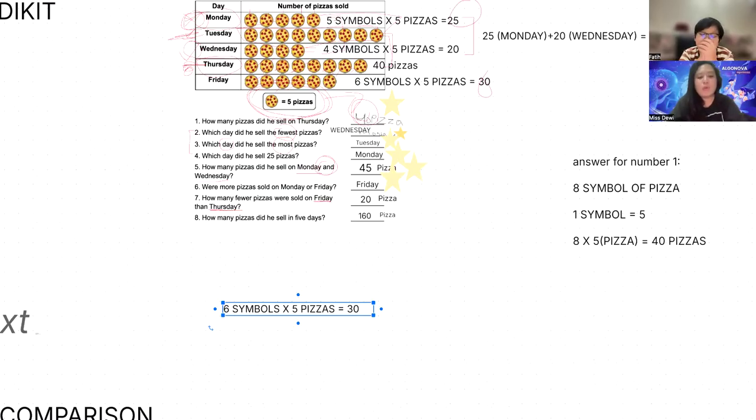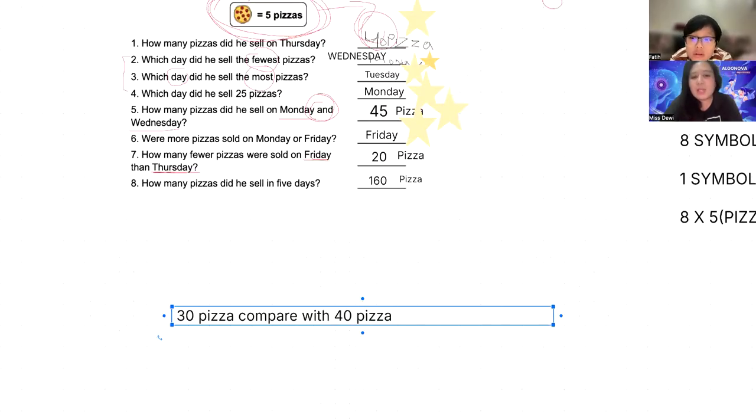Because they are asking how many fewer, of course the 30 pizza on Friday is fewer than 40 pizza on Thursday. But how many fewer? 30 pizza compared with 40 pizza. This is very clear here. They say 30, of course it's fewer than 40, correct? But they want to know how many fewer.